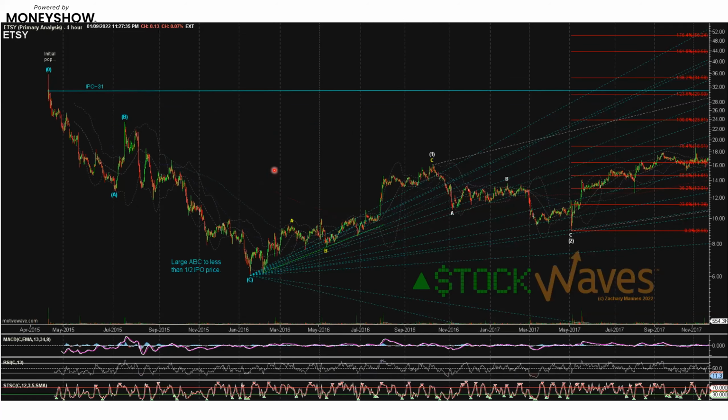The next one, ETSY, initial IPO was right around the 31 region. It did get a little initial pop, but didn't go so high, and then fell down in that same ABC pattern, well under 50% of that initial IPO price.